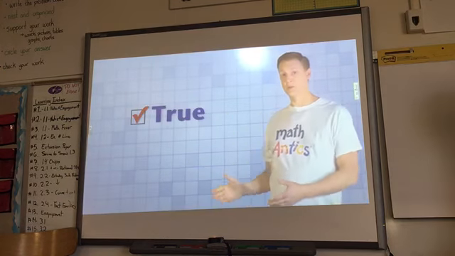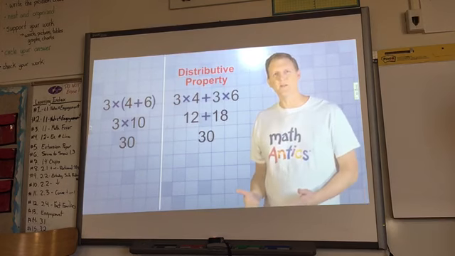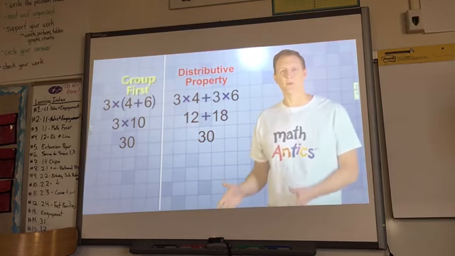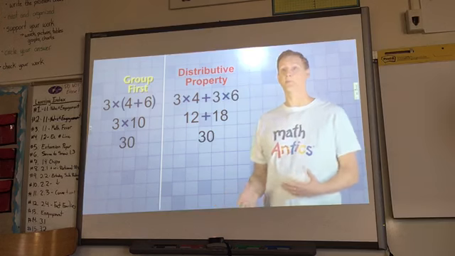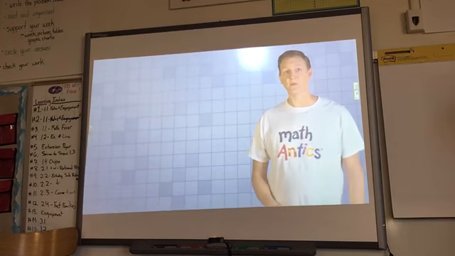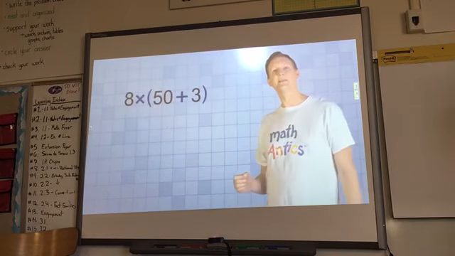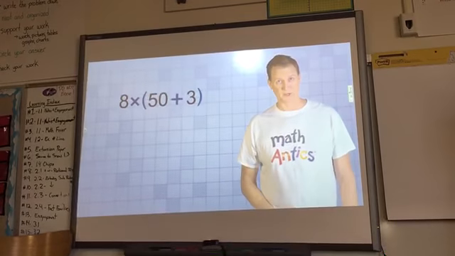It's true, there are times when the distributive property way is harder, like in our first problem. It was easier to just simplify the group first because it's easy to multiply 3 times 10 mentally. But there are also times when the distributive property way is easier. Like in this case, 8 times the group 50 plus 3.